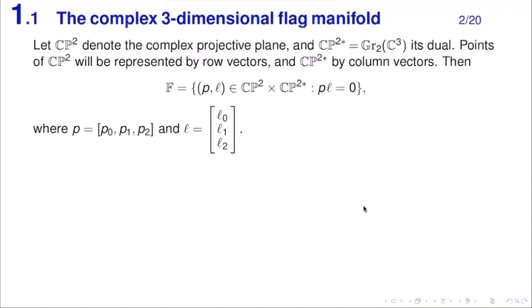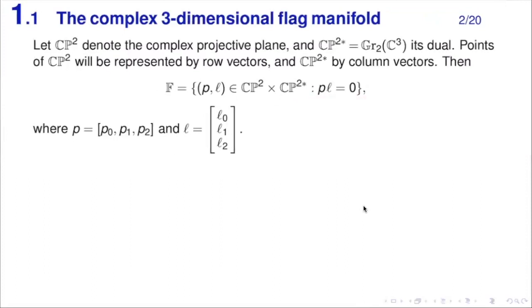If we work projectively, then it's like having a point in CP2, the complex projective plane, contained in a line. So we have a point in a line in CP2.